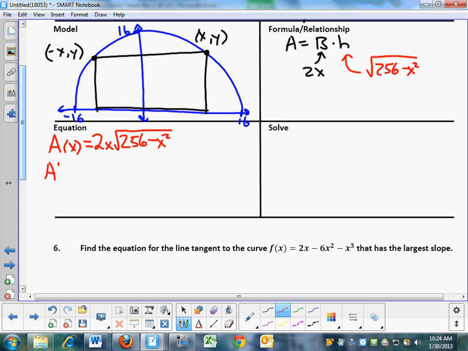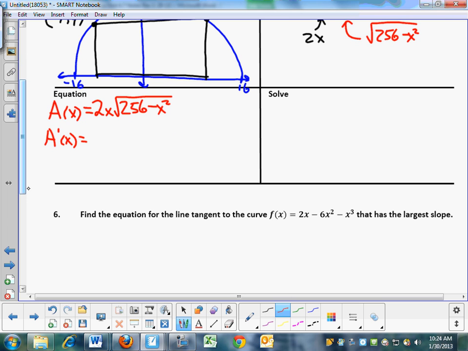All right, let's do the derivative. If you're going to do the derivative, you have to use the product rule followed by the chain rule. Yes, very good. Let us find the derivative. What's the derivative of 2x?